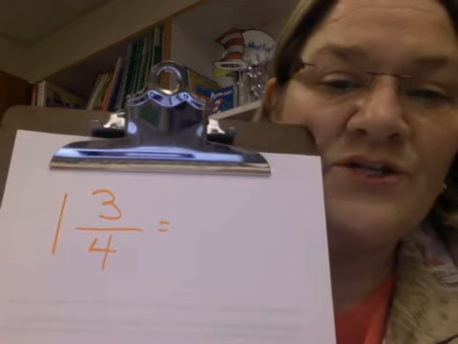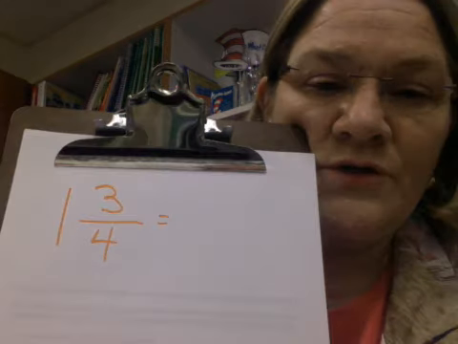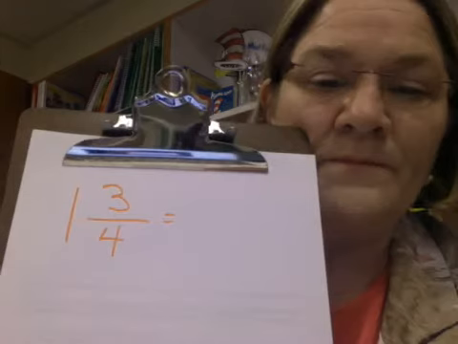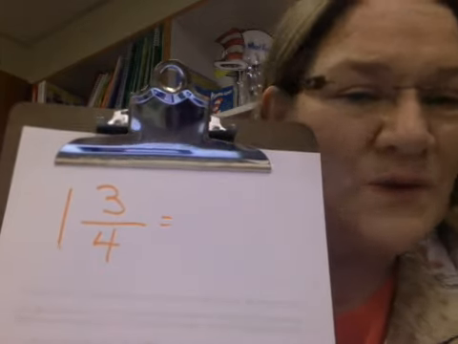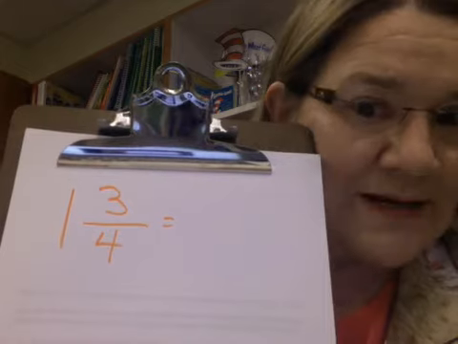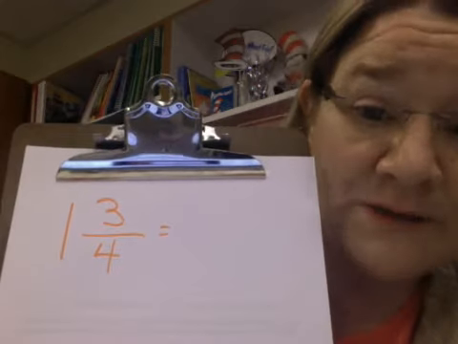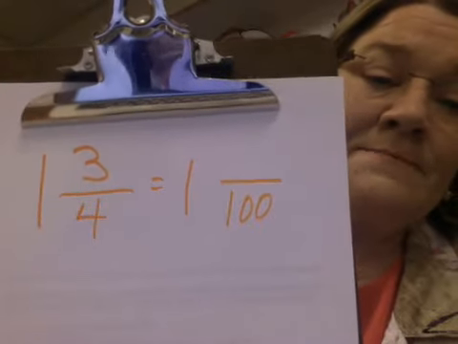So we need to change 3/4 to have a denominator of, it's not going to work to have 10 because 4 times nothing even equals 10. So let's move it to the hundreds. So let's just rewrite this as 1, and how many hundredths? We'll need to figure that out.